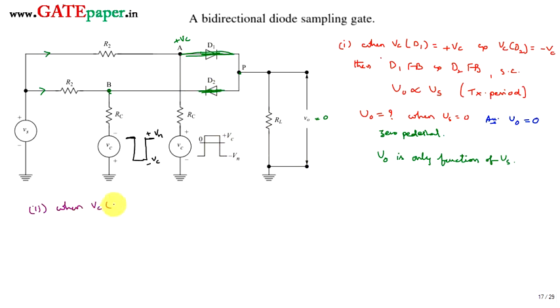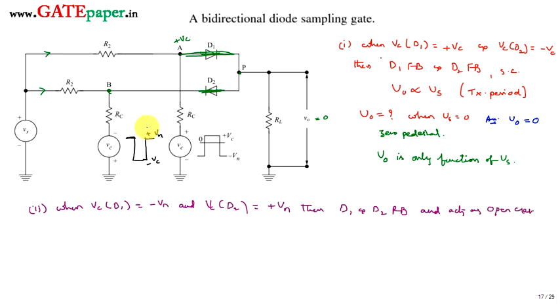When Vc of D1 is at minus Vn and Vc of D2 is at plus Vn, that means you are applying negative voltage towards diode D1 and positive voltage towards diode D2. Then both the diodes D1 and D2 will be reverse biased and act as open circuits. When they act as open circuits, simply you remove those diodes.